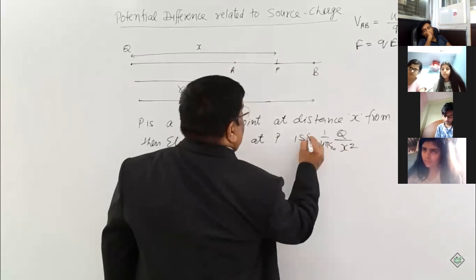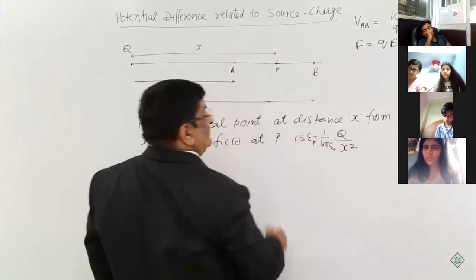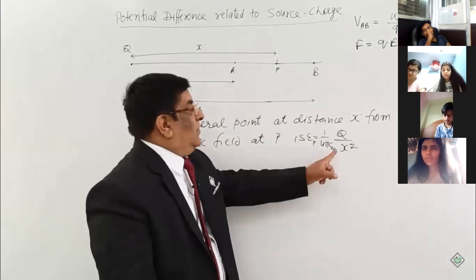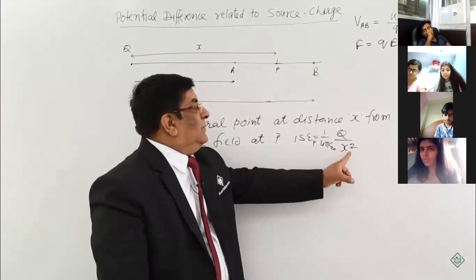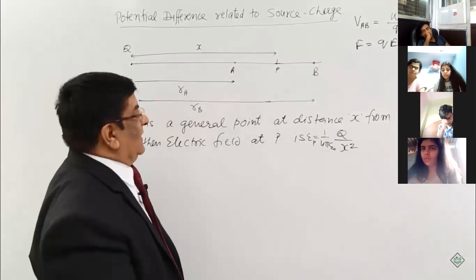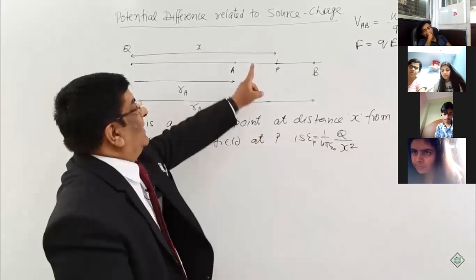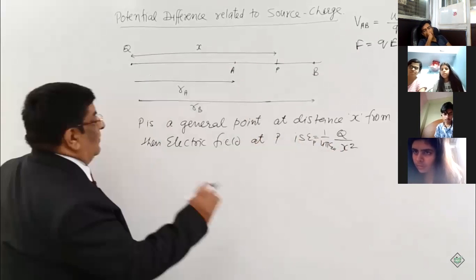This is electric field at P. You know the formula, 1 upon 4 pi epsilon naught, charge upon square of the distance. Okay, this is electric field. Then what will be the force?